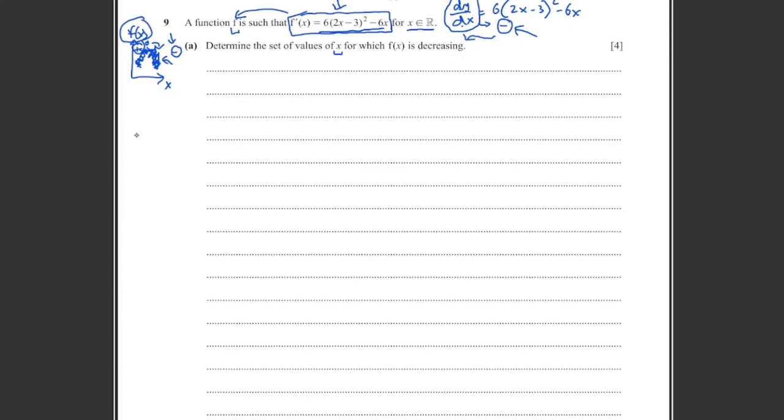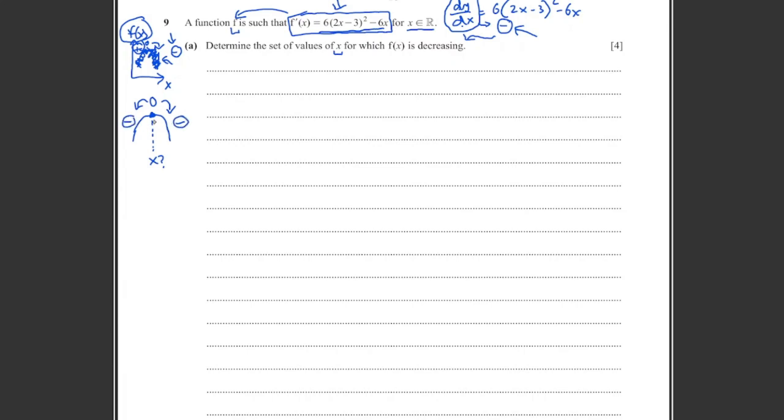Well, I'm just going to assume the graph looks something like this. I'm just going to use the example of a parabola. I don't know if this graph is a parabola or not, but let's just take an example of a parabola. So what we're going to do is try and find the x coordinate of the turning point, and then we're going to look at this side of the turning point as well as this side, and see whether the right side of the turning point is negative, or the left side is negative.